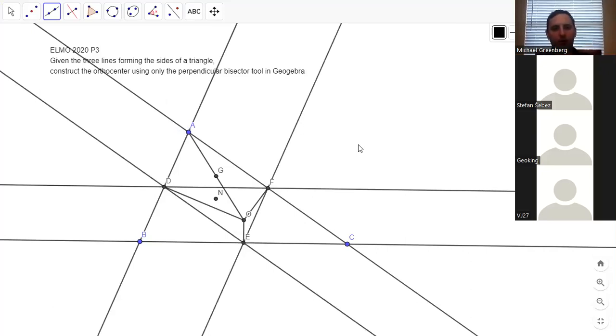So we want the midpoint of ON. O is the orthocenter of this triangle, N is the circumcenter.